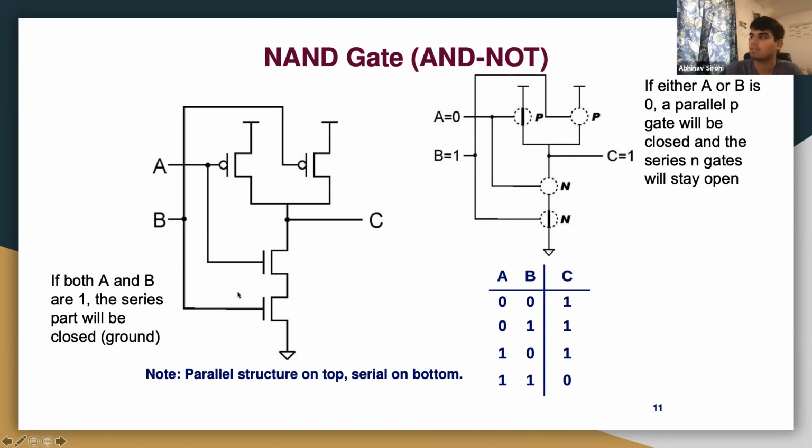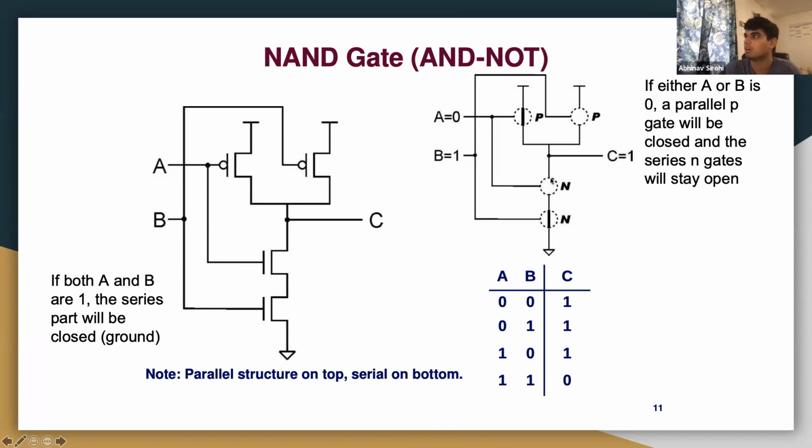So how can we possibly get an output of 0 out of this circuit? The only time that the circuit will connect to the ground is when both of these serial gates are closed. And the only way they could be closed is when both A and B are 1, because these are N-type gates. So A and B both need to be 1 for them to close.